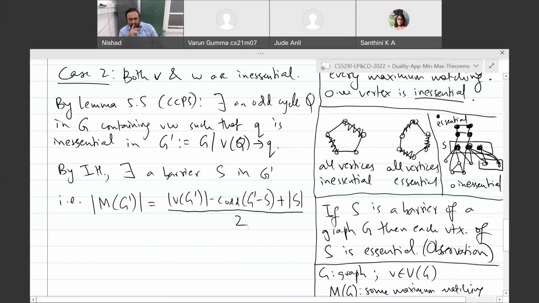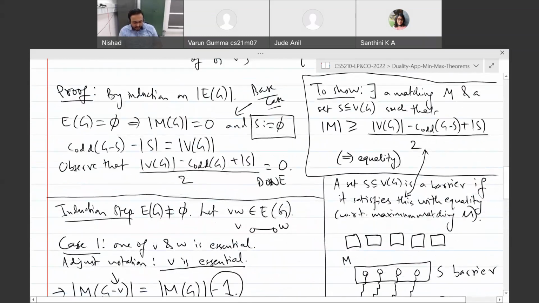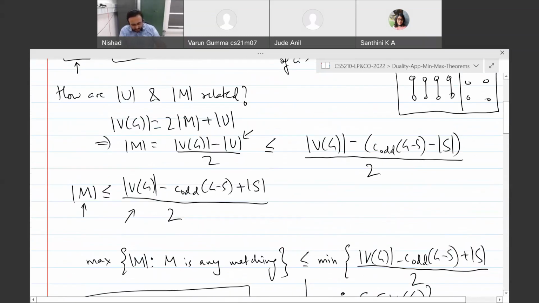Okay. But rather than working with the size of the matching, it's going to be slightly easier in this case to work with the number of exposed vertices. Remember, the size of the matching and the number of exposed vertices are related by this equation, right? So instead of working with the size of the matching, I will go to the number of exposed vertices.